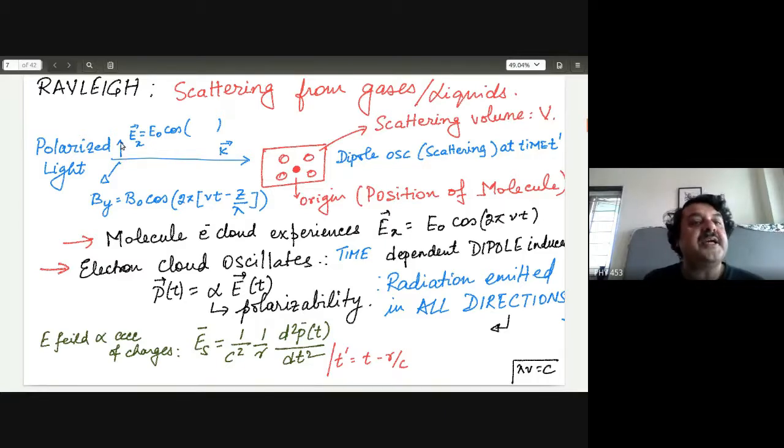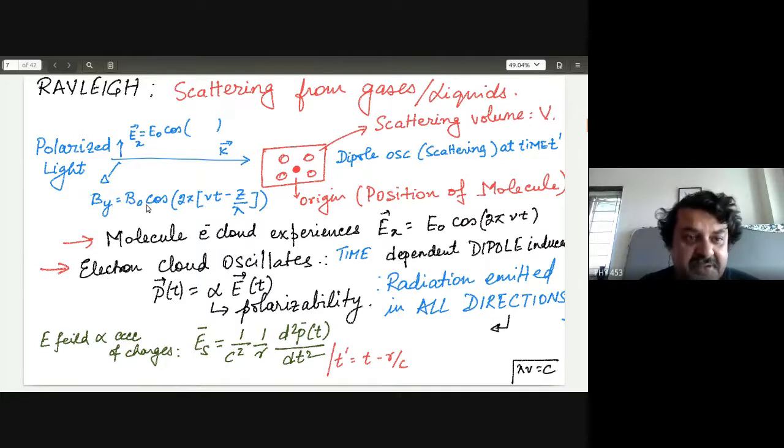Suppose you take polarized light incident in the Z direction on some solvent or molecules in a scattering volume V. The electric field of the light is oscillating in the x direction, and the magnetic field By is oscillating in the y direction.